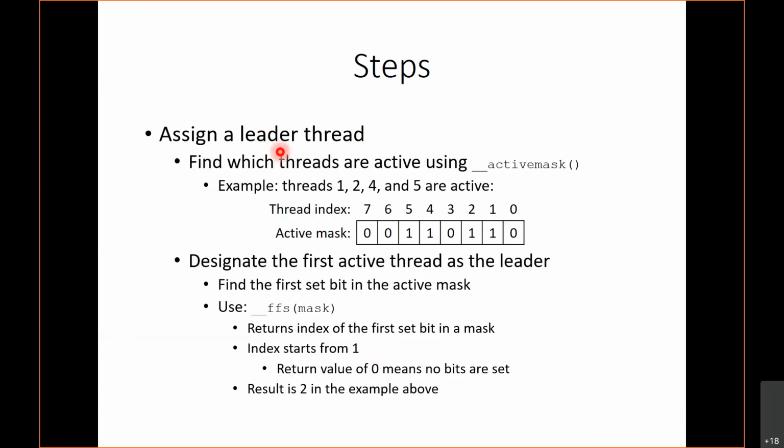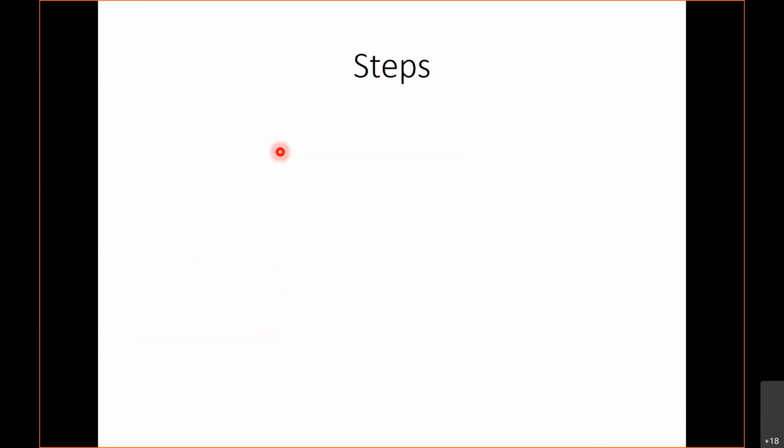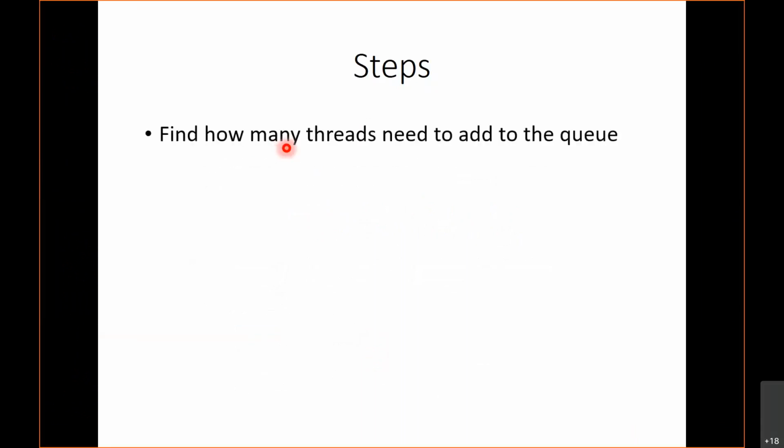So what I will do next is I want to find out how many threads need to add to the queue. I want to allocate space for all the threads to store. So how do I find out how many threads need to add to the queue?